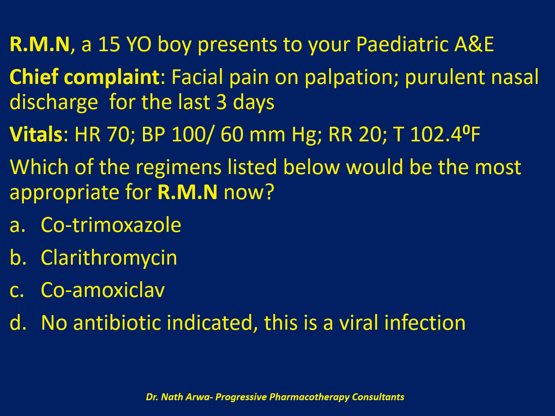My question to you is, which of the regimens listed below would be the most appropriate for Master RMN now? Would you choose to treat him with cotrimoxazole? Would you settle for clarithromycin? Would you settle for co-amoxiclav augmentin? Or is it true that no antibiotic is indicated since this is a viral infection? I'll give you 10 seconds to choose the correct answer.